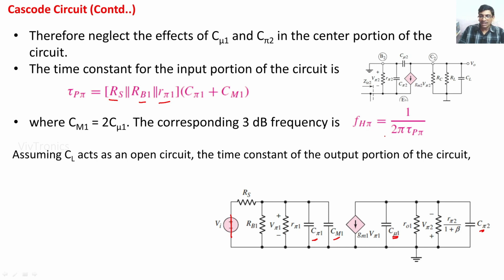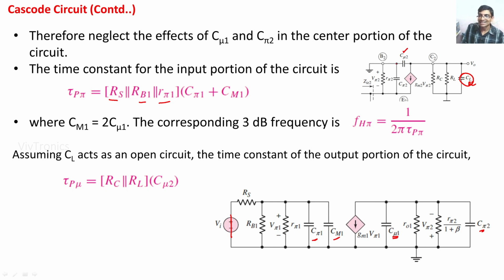We are assuming the load capacitor CL is open circuited at the output side. Therefore, for the output side circuit, the time constant will be equal to RC parallel RL into Cμ2. The time constant due to the output side portion can be given as tau pμ, due to the Cμ2 capacitance at the output side.